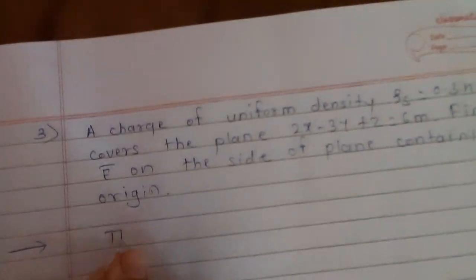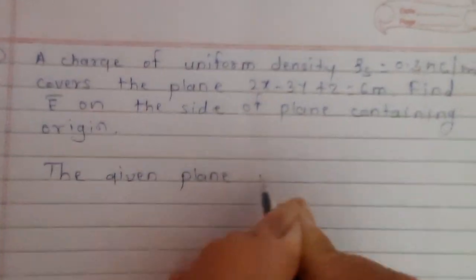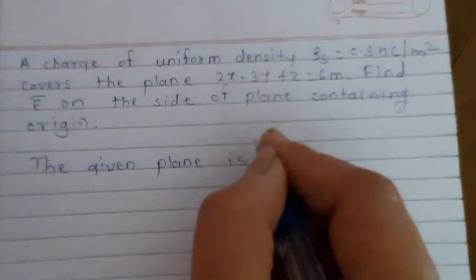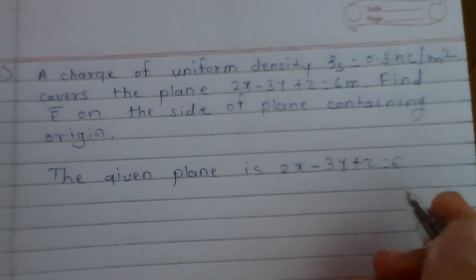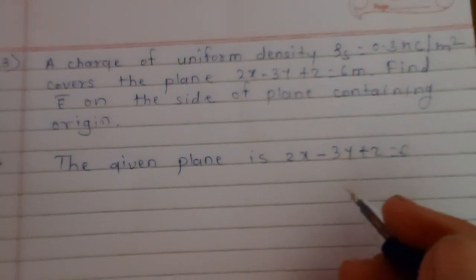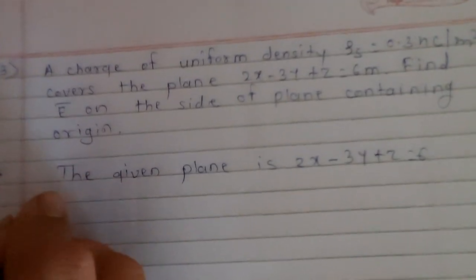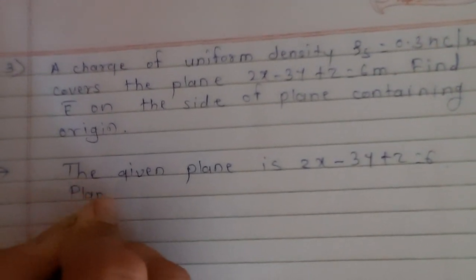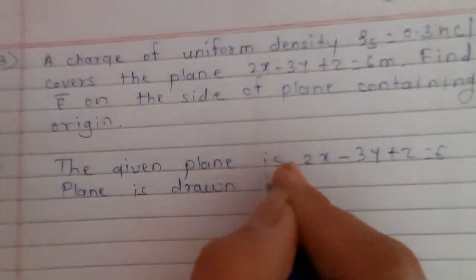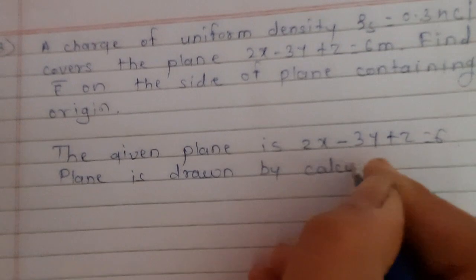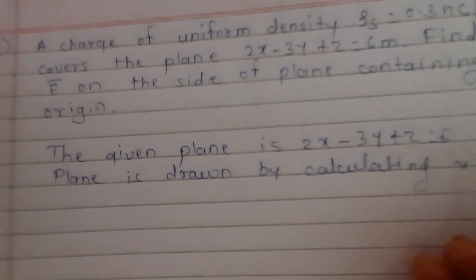So the given plane is 2x minus 3y plus z is equal to 6. So we have to draw this plane by calculating the x, y and z coordinates. So we write here the plane is drawn by calculating x, y and z coordinates.